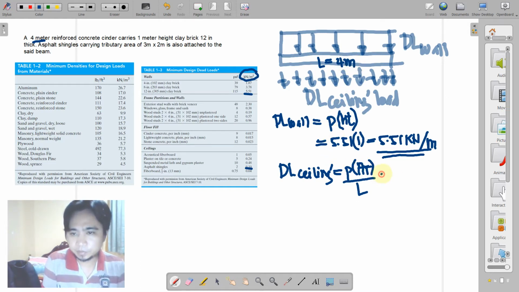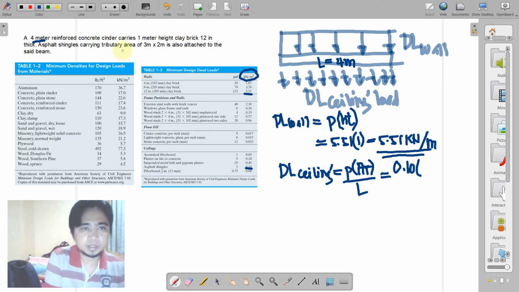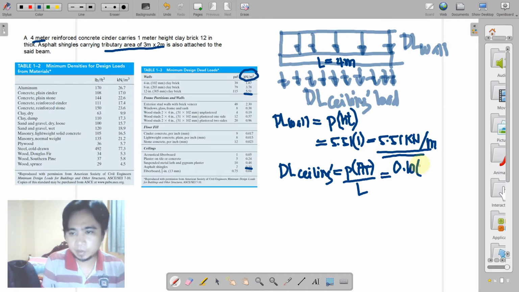Then we just substitute. The pressure is 0.1 kilonewton per square meter, times the tributary area, which is already given in the problem, 2 by 3, and then divided by the length of 4 meters.